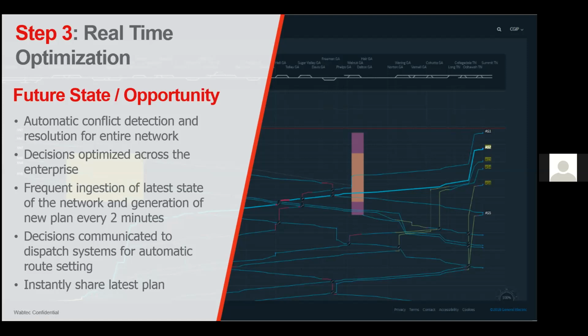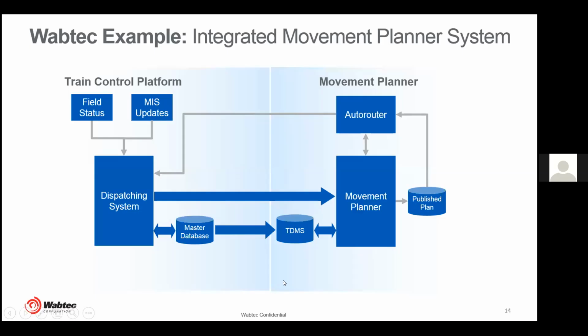So Dharma, I think you have a great slide 14 here that talks to some of that at a more technical level. Okay. Again, what you see is Wabtec's integrated movement planner system. It is fully integrated with the railroad's train control system, including dispatch systems.